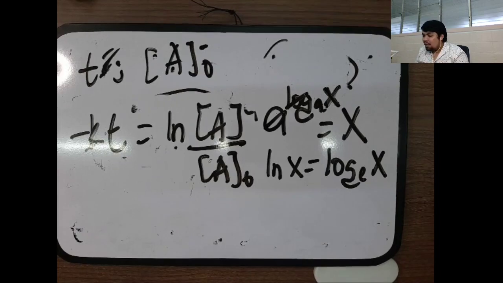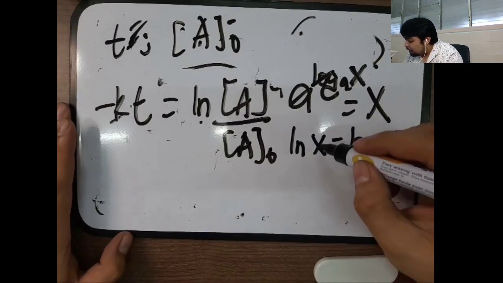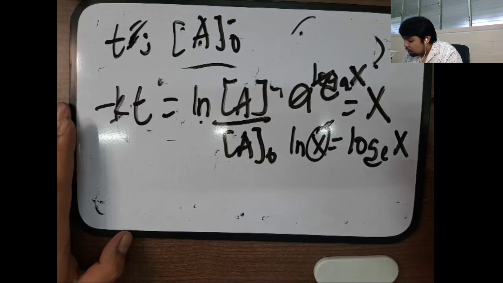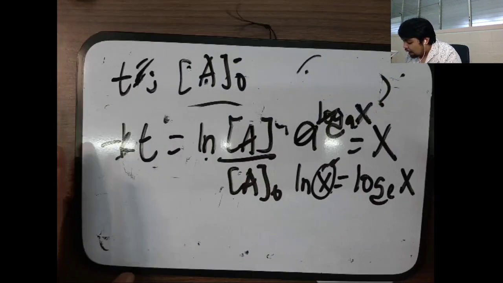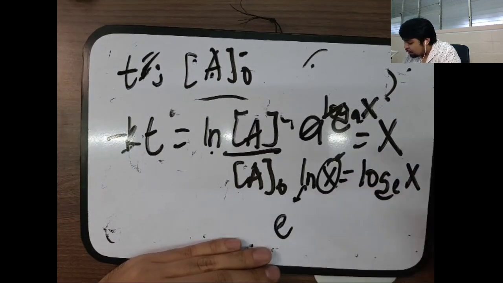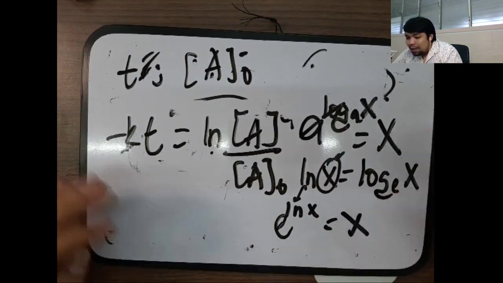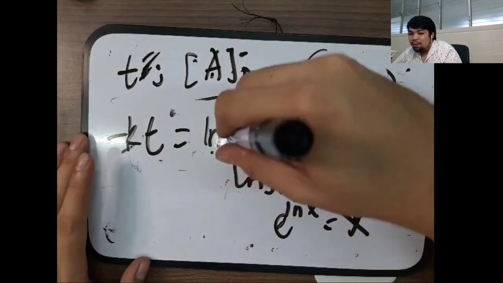Therefore, in order to get the actual value of x, you need to raise e to it. So e raised to the natural logarithm of x is equal to x. We will apply the same logarithmic property here.